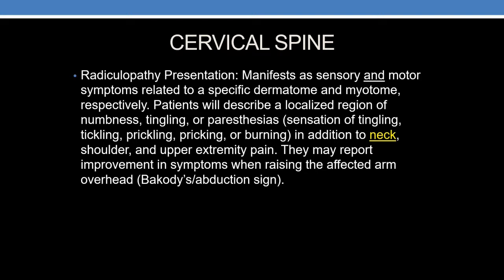And paresthesia simply means some alteration of normal sensations, such as tingling, tickling, prickling, pricking, burning, numbness, etc. Those are all paresthesias. And in addition, radiculopathy patients will report neck pain, shoulder pain, and upper extremity pain, typically in a strict dermatomal distribution.